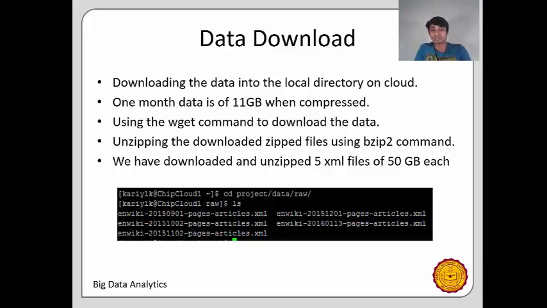We have used the wget command for downloading the data into our local directory, and for unzipping our downloaded data we have used the bzip2 command, because our data is available compressed in bzip format. We have downloaded and unzipped 5 XML files of 50 GB each. As you can see in the command line, we have five separate months of data.